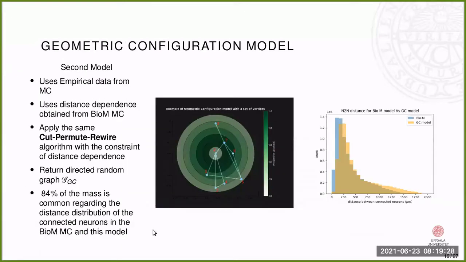Our second model, the geometric configuration model, again uses the empirical data from the microconnectome, but with the added constraint of using distance dependence. So again, we take the presynaptic list as before and the postsynaptic list, and we keep the postsynaptic neuron list static, and we want to rearrange the presynaptic neuron list in some manner.